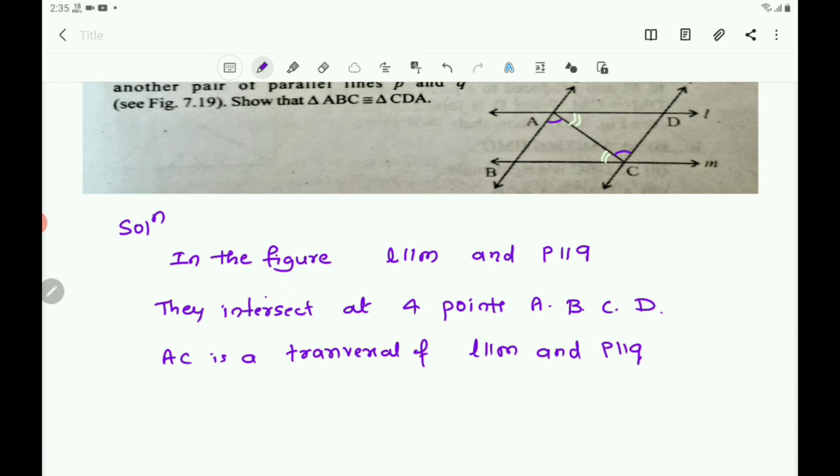Therefore, you write the names of the two triangles.